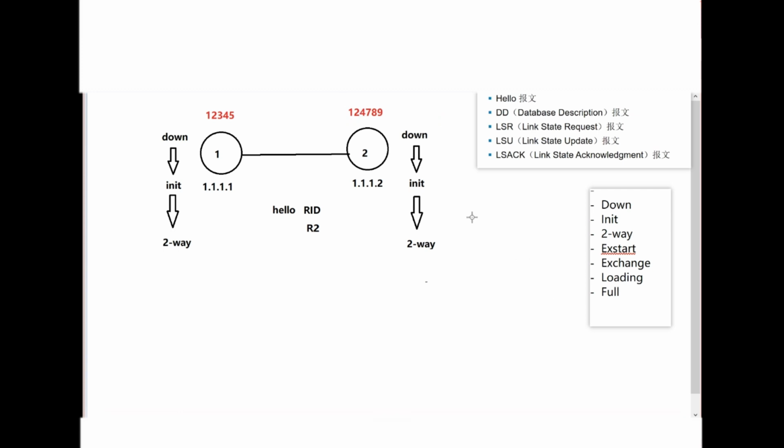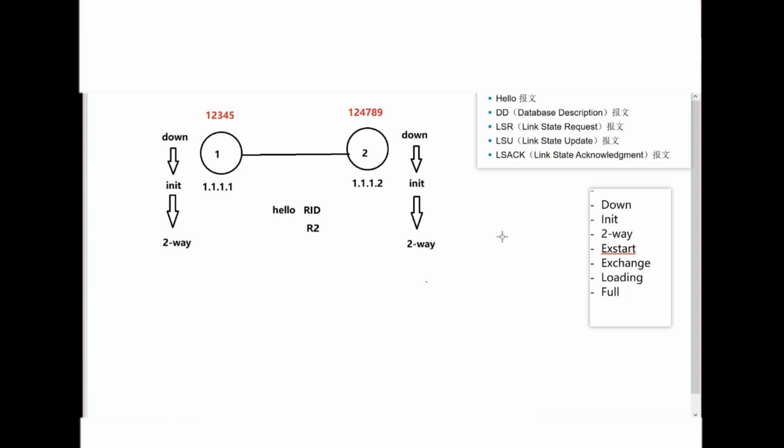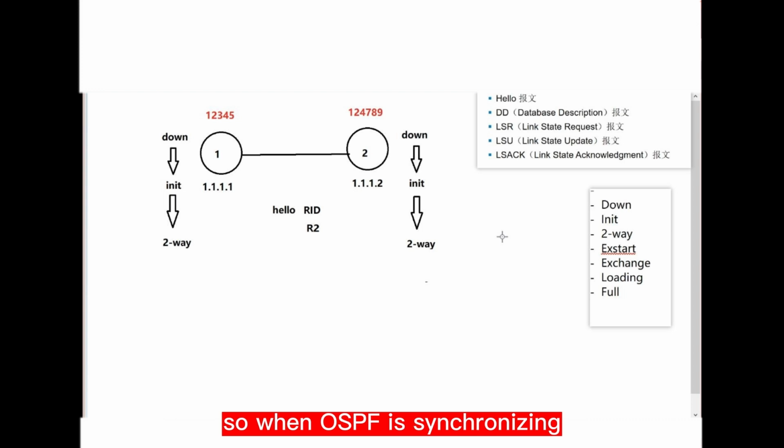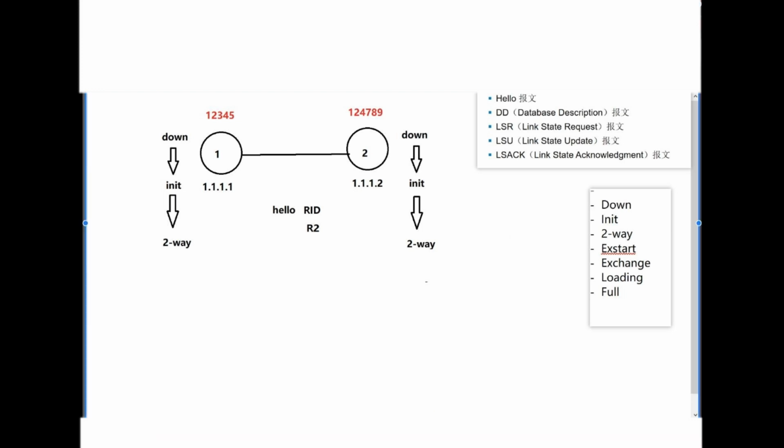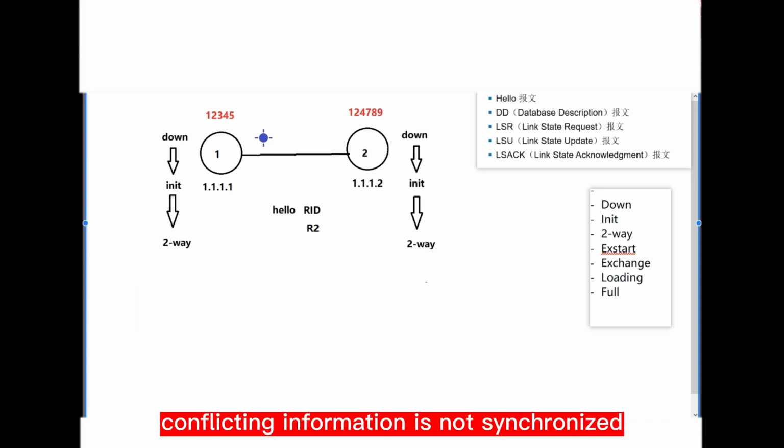So, facing the future, the whole environment is bigger, there is more equipment, and more network segments per device. When the device requests, it should not send repeated information. So when OSPF is synchronizing, it doesn't send all the information at once. So how can we try to ensure that duplicate information is not synchronized? This is the first question we will discuss.